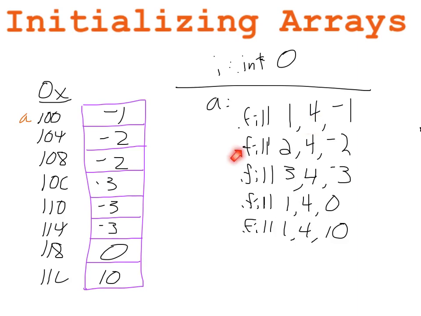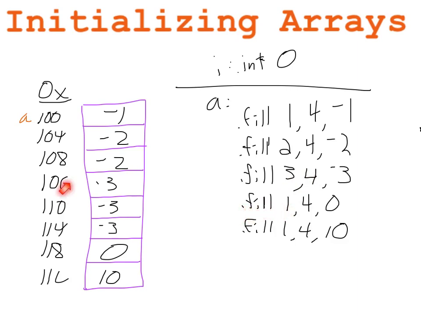That means the second .fill is going to pick up 1 times 4 bytes after the first .fill, or at address 104. So we go from 100 to 104. We're filling 8 bytes, so the third .fill is going to start at address 10C. That one's filling 12 bytes, so 12 bytes from 1C, or 10C, is where the next instruction, which is a .fill here, is going to take place.